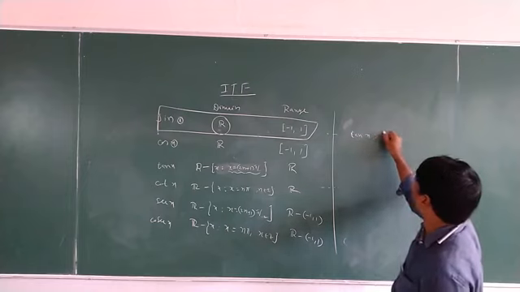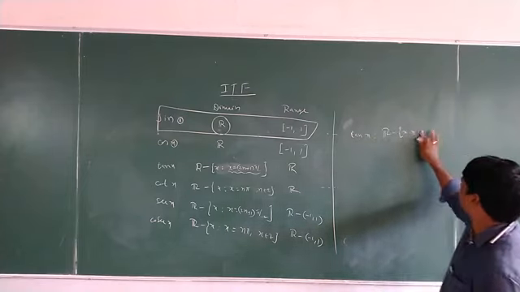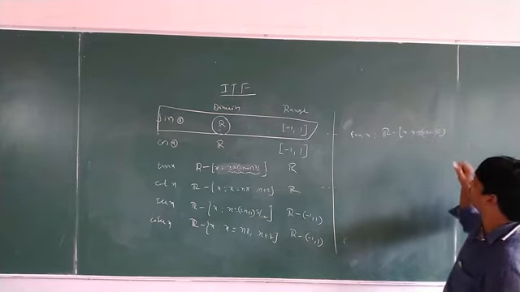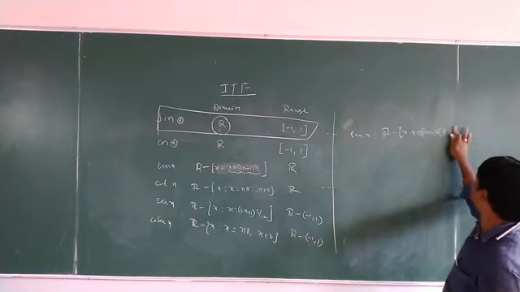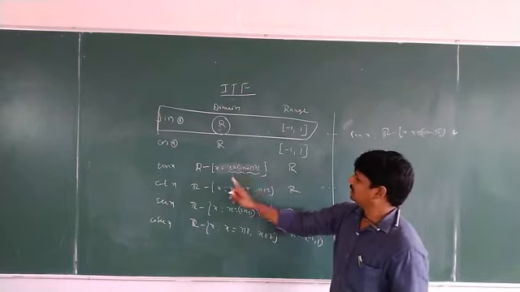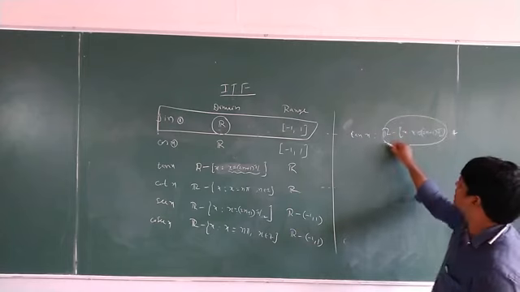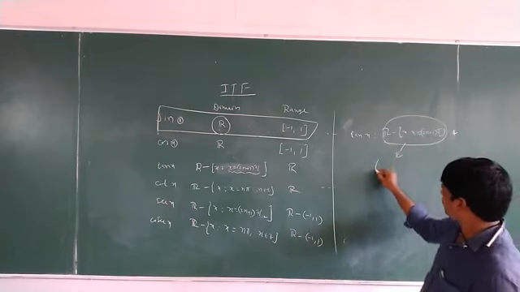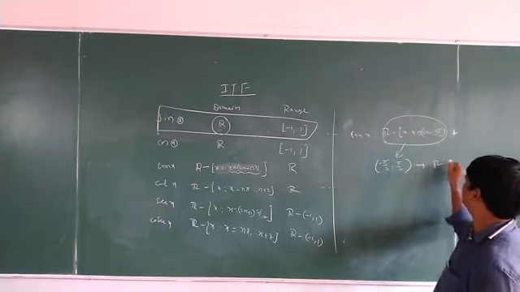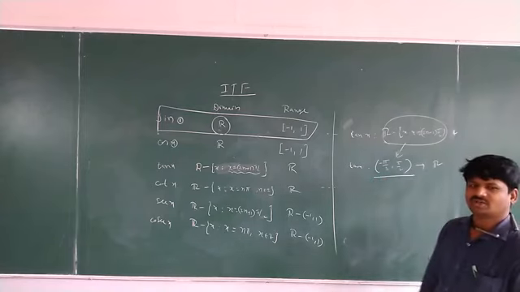Tan from R minus x such that x is equal to (2n plus 1) pi by 2, to R. This is the domain and this is the range. So here this domain we have to restrict like this: open interval minus pi by 2 comma pi by 2 to R. Then it is bijective.